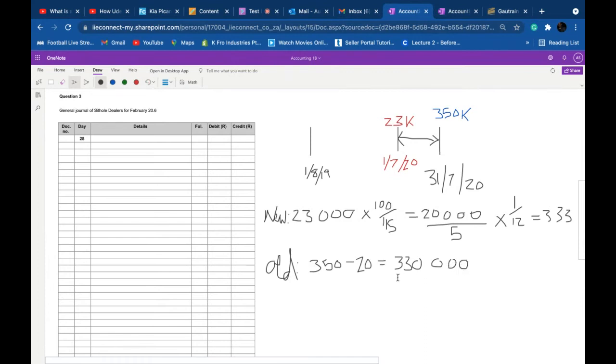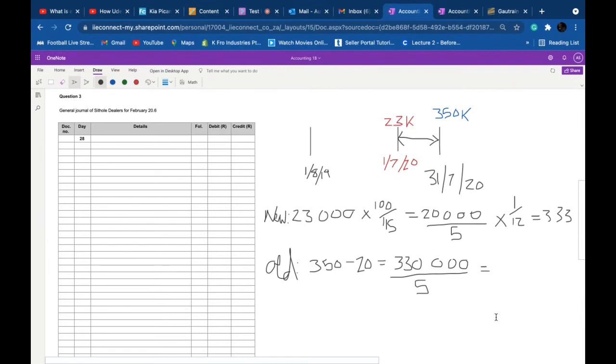Okay, remember they said the useful life is 5 years, so we say divided by 5. Remember it's on straight line method, so we don't need to use accumulated depreciation. Okay, and this was for a full 12 months. So already we'll have how much it depreciated by.